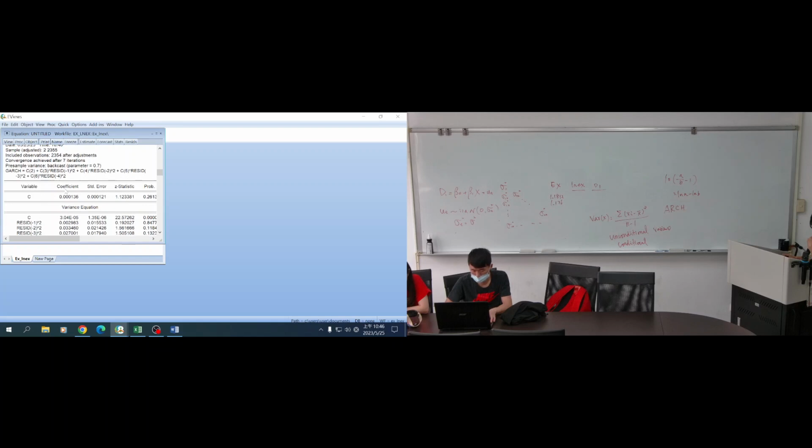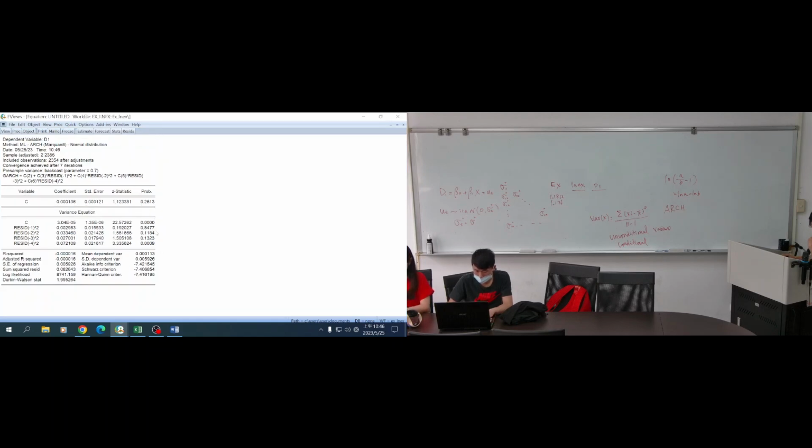This is the mean equation, and this is called the variance equation, and since I'm adding 4 lags, what do you see? I can see that the coefficients of all of them are positive. And how about the probabilities?